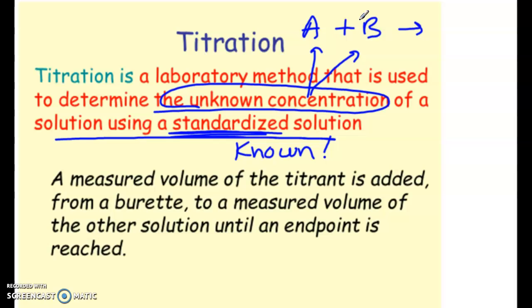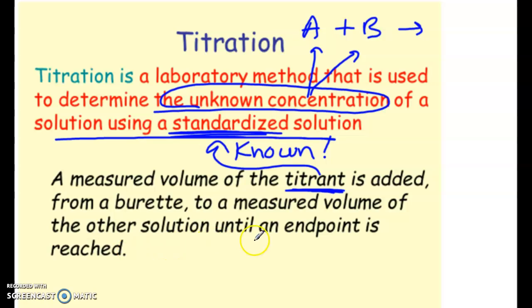So how do we do this? There's some terminology here that we're going to have to go over. We have to deliver a measured volume of the titrant, which is our known solution, the one we know the concentration of, from a burette. A burette is a piece of lab equipment, which we'll see a picture of in a second.